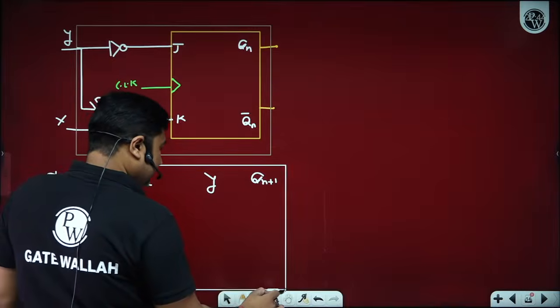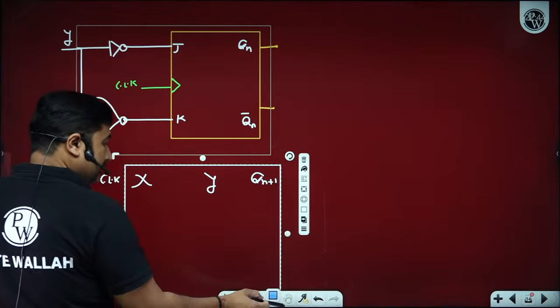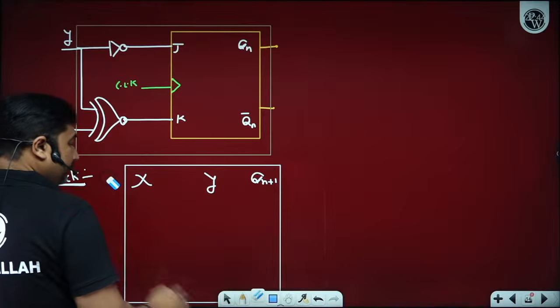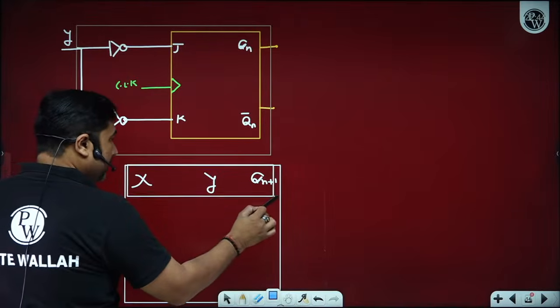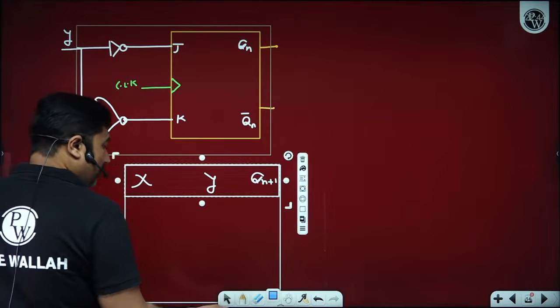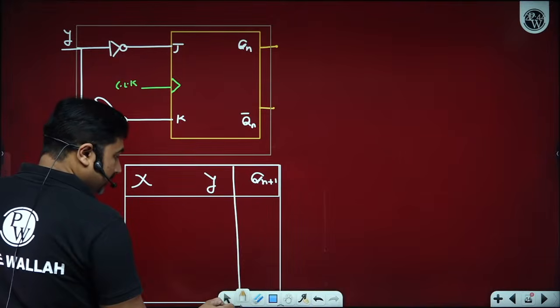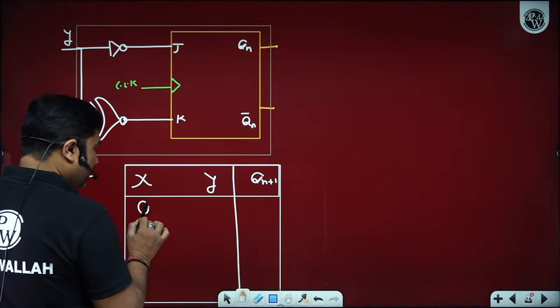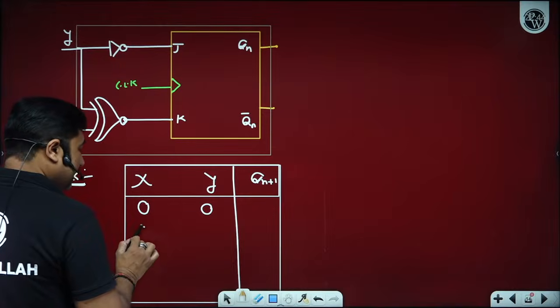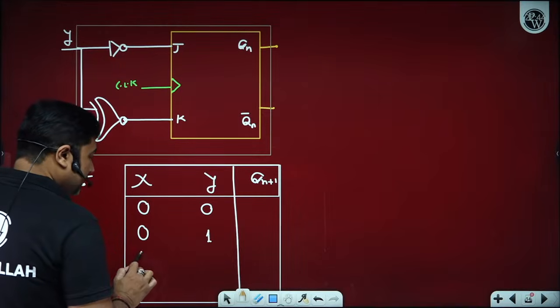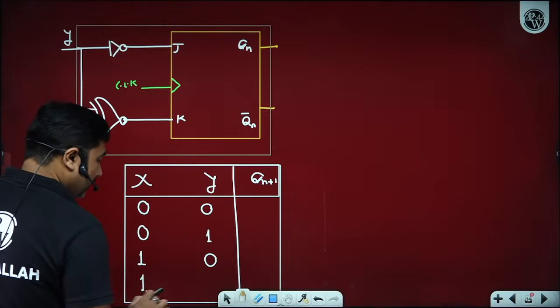Now please observe, in terms of XY, how many possibilities? Total 4 possibilities: either X0 Y0, X0 Y1, X1 Y0 or X1 Y1.